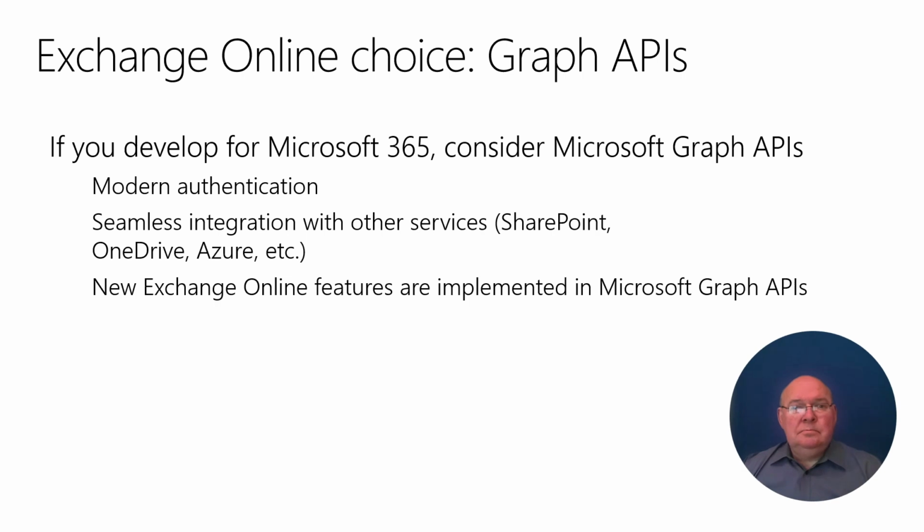If you develop for Microsoft 365 for Exchange Online, definitely consider Microsoft Graph APIs. It provides modern authentication, seamless integration with other services like SharePoint or OneDrive, Azure, and so on. And new Exchange Online features are implemented in Microsoft Graph APIs.